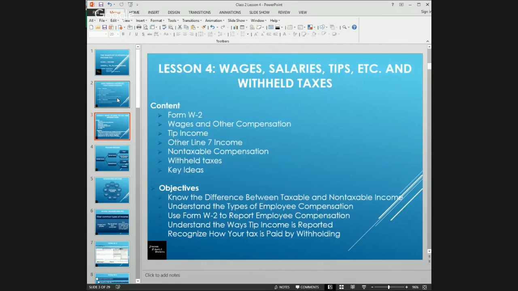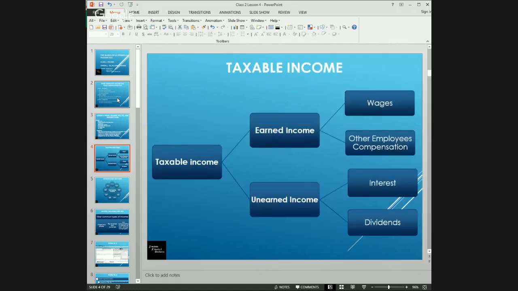Key objectives for tonight are to know the difference between taxable and non-taxable income, to understand the different types of employee compensation, and to understand how the W-2 reports employee compensation. We'll also briefly touch on tip income, as well as working through completing a W-4 to have your withholdings appropriately handled.